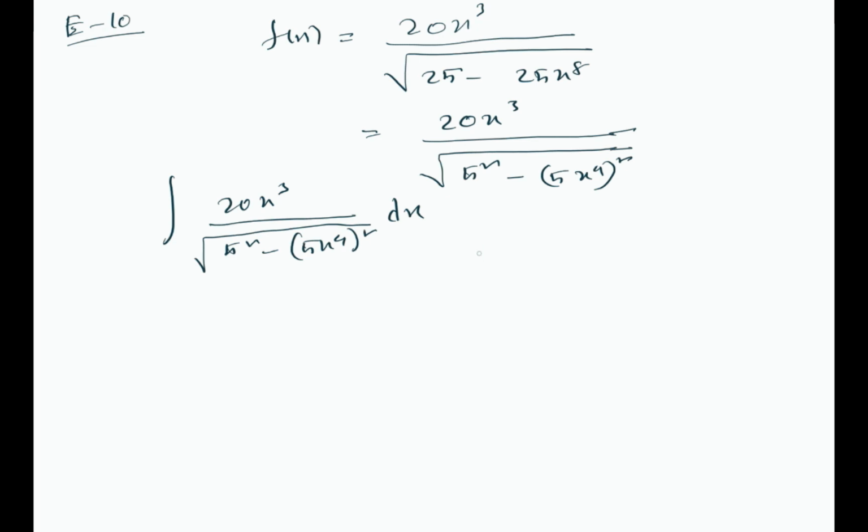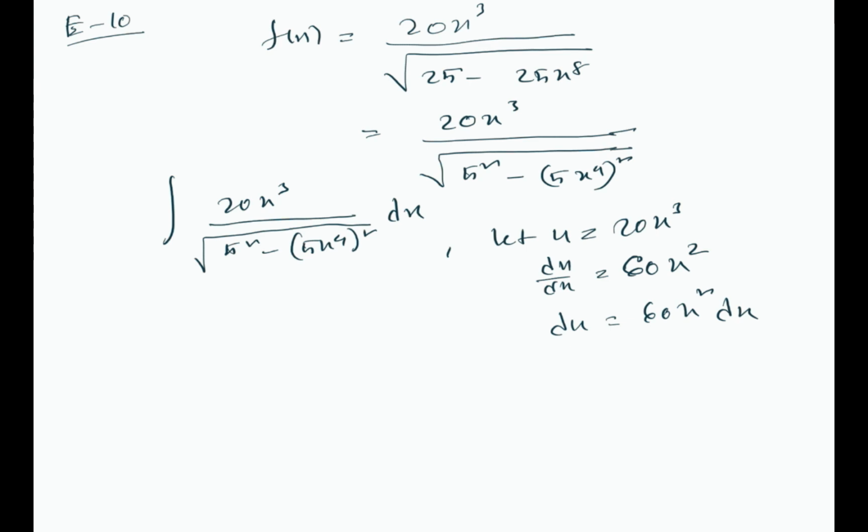So let u be equal to 20x cubed. Therefore du dx is equal to 20 times 3, which is 60, x to the power 3 minus 1, which is 2. So du is equal to 60x squared dx.